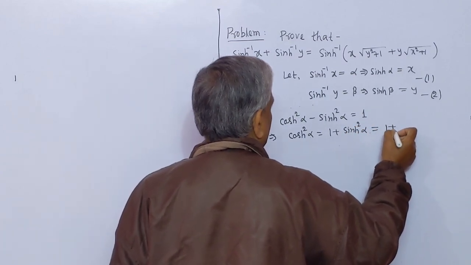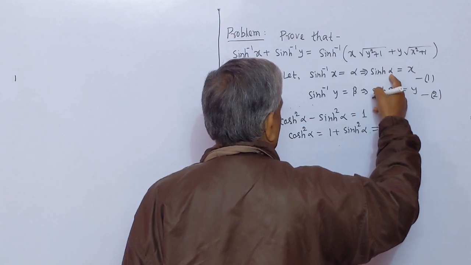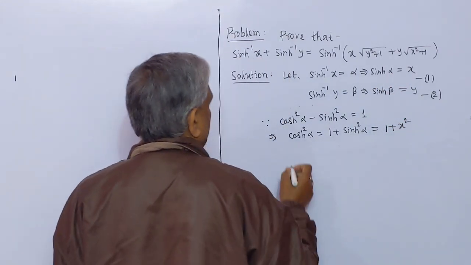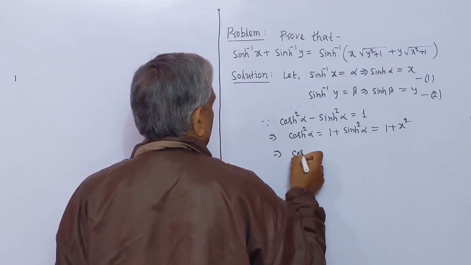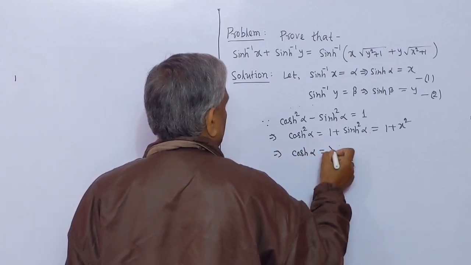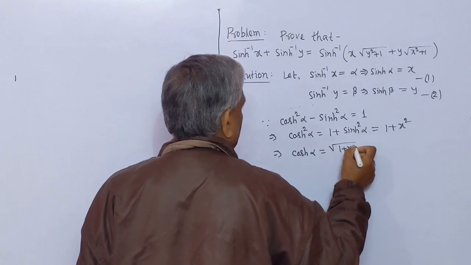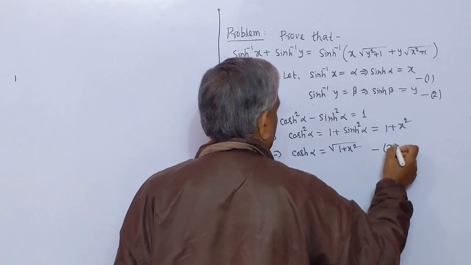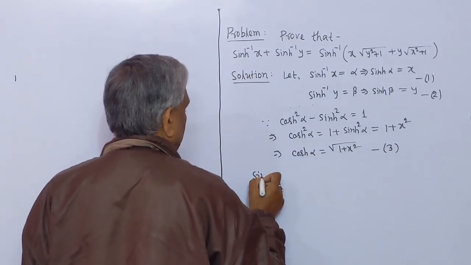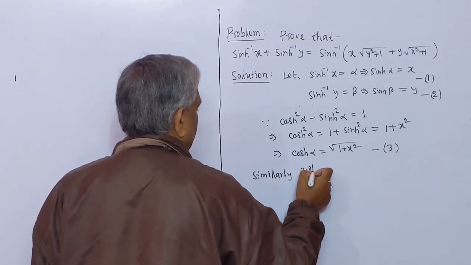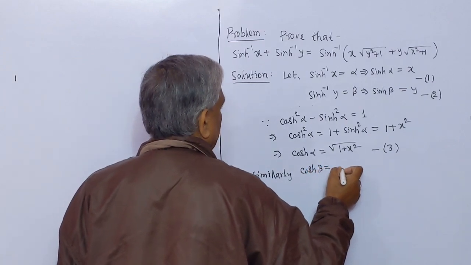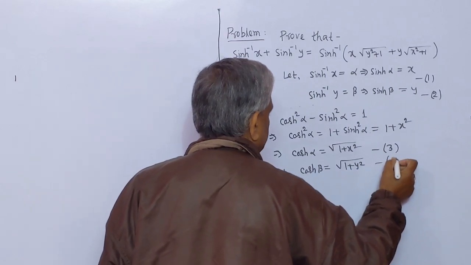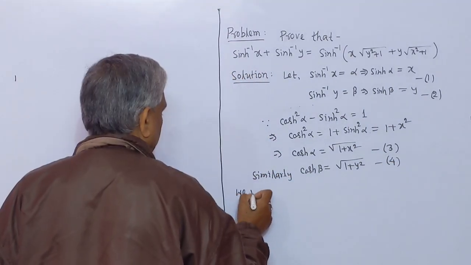This is equal to 1 plus, sinh alpha is x, square, which implies that cosh alpha equals square root of 1 plus x square. This is number 3. Similarly, cosh beta equals square root of 1 plus y square. This is number 4.